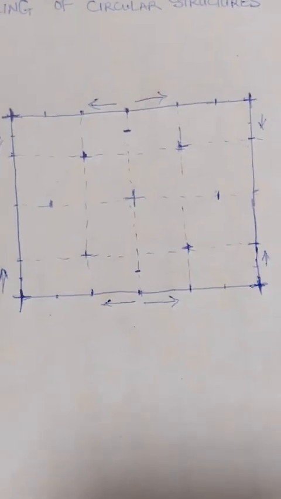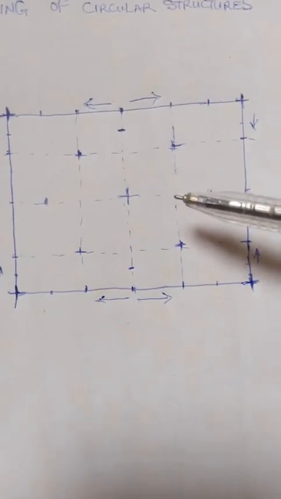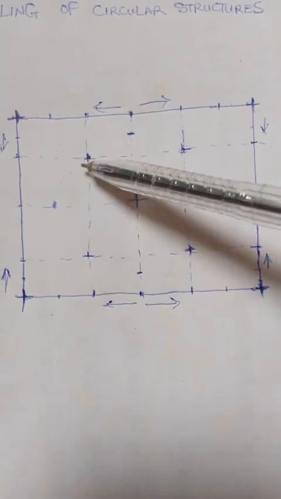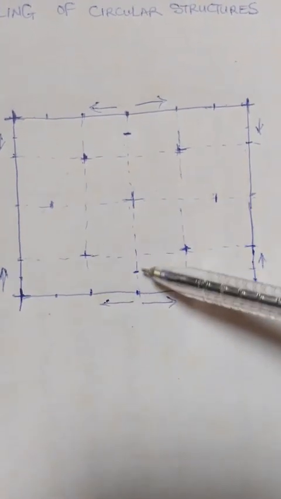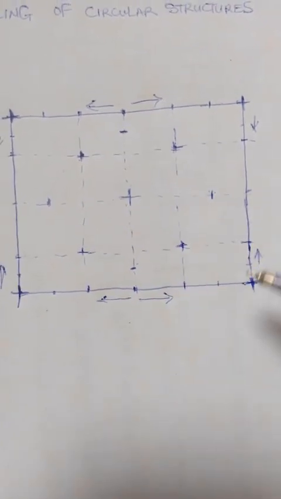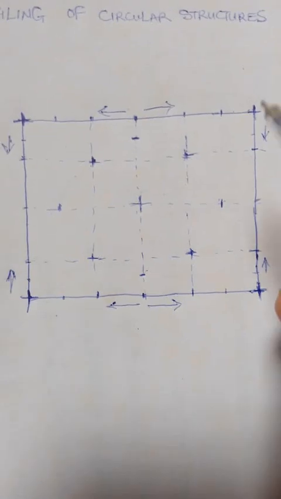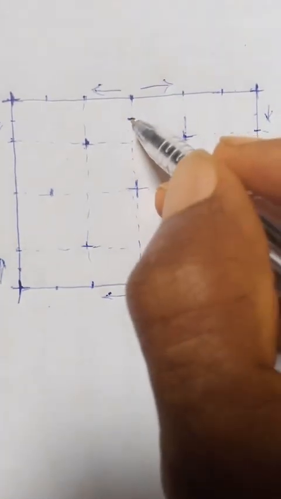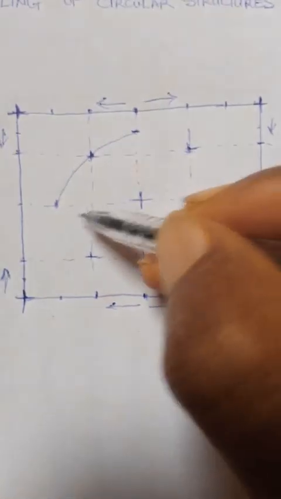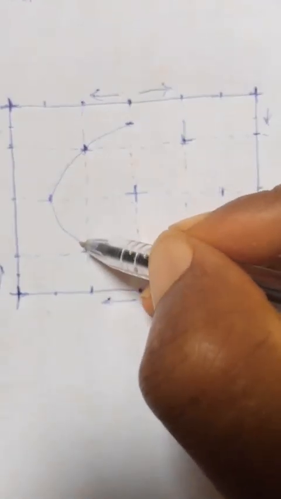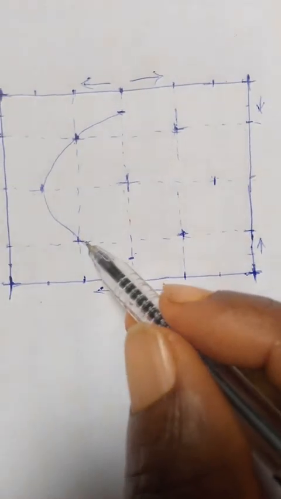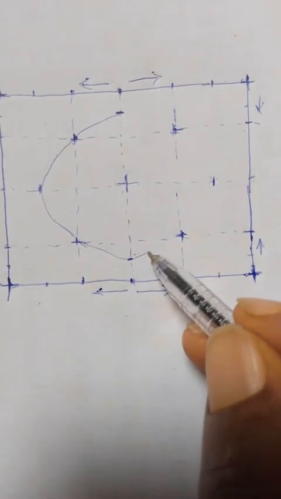So in your profile now, if you're introducing your columns, this becomes your column points. These are the column points for the circular structure. So this now will connect to this. Please don't mind, it's not to scale.